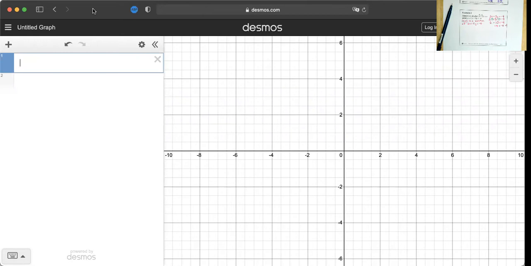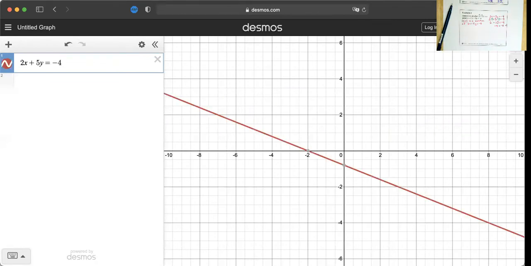This part looks just like what we had on our paper, the plane, with our x-axis and our y-axis. And what we do here to check our answers is you can just type in your equation, 2x plus 5y equals -4.